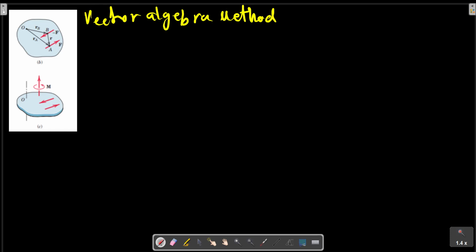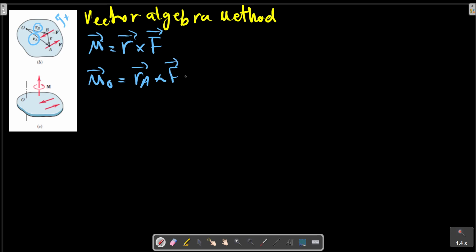We may also express the moment of a couple by using vector algebra with the cross product notation: M equals r cross F. For the two forces, with position vectors Ra and Rb, the moment about O is Ra cross F, with clockwise positive, plus Rb cross minus F.